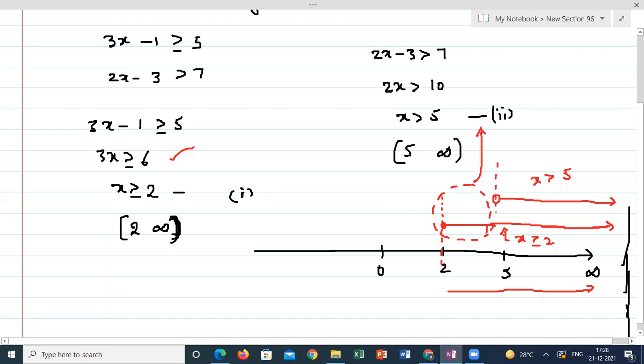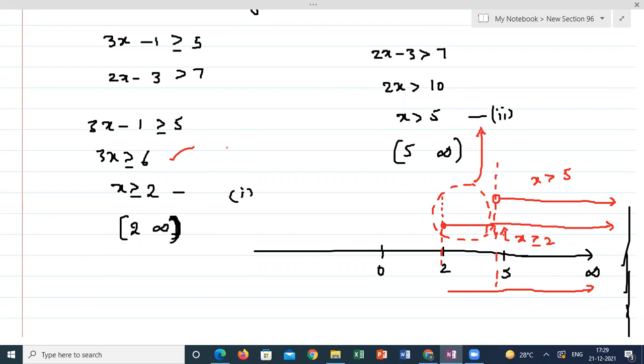But from here, each and every value is satisfying both the equations. Sometimes you won't get any solution also, that means a null set. You should not panic or worry that there is no solution. That means there are no real numbers which can satisfy both the expressions.